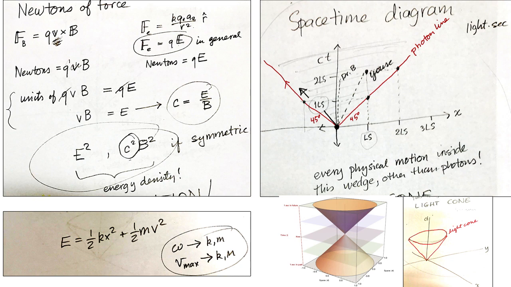This is the photon line, or what we would call a null surface, if it were 3 dimensions instead of just 2.